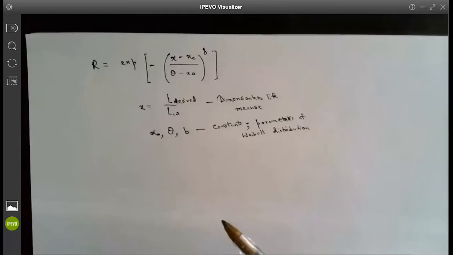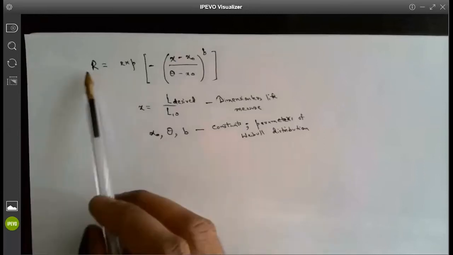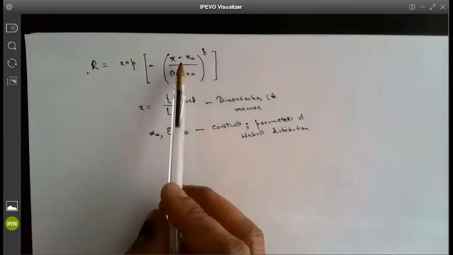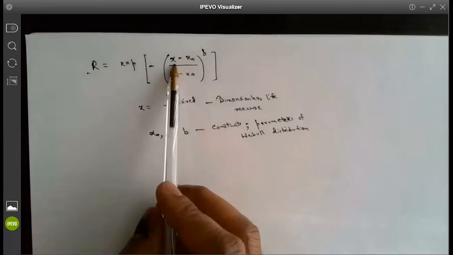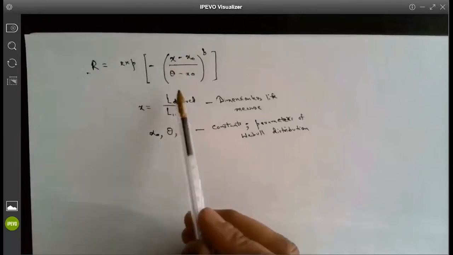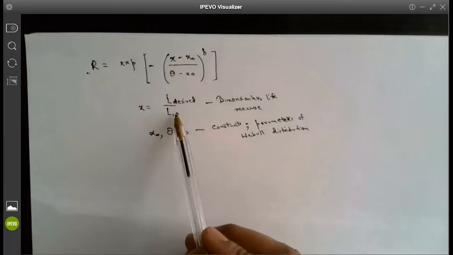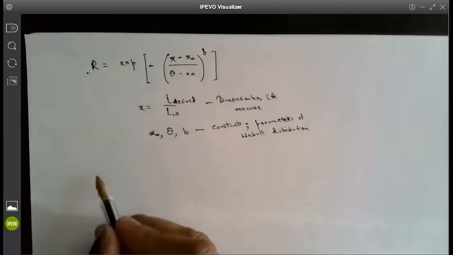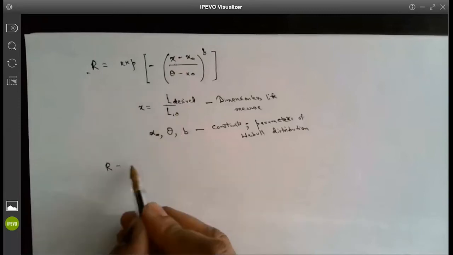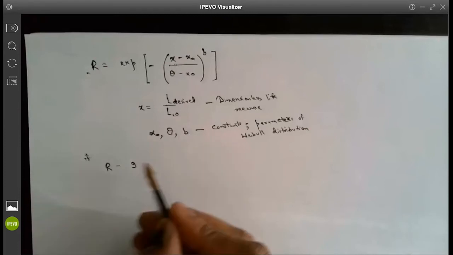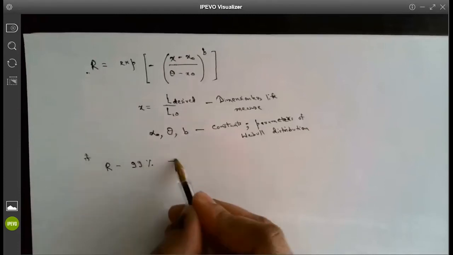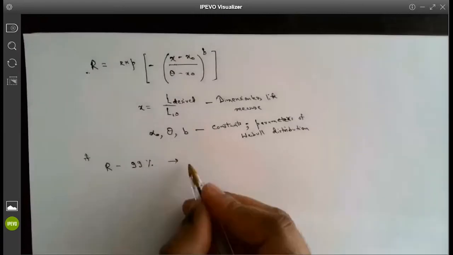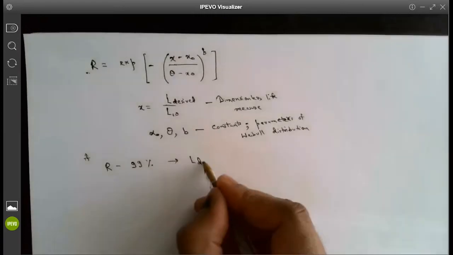What it basically says is that the life measure of a bearing follows a probability distribution, and reliability is related to the desired life of a bearing. So for example, if I want my reliability to be 99%, we can calculate what the desired life will be using this relationship. How?